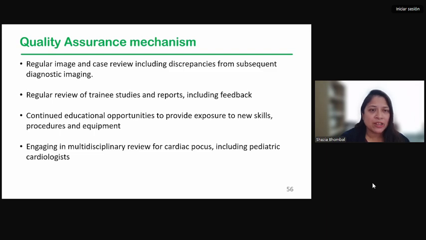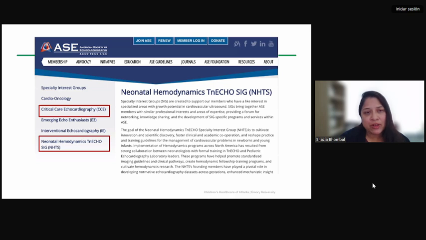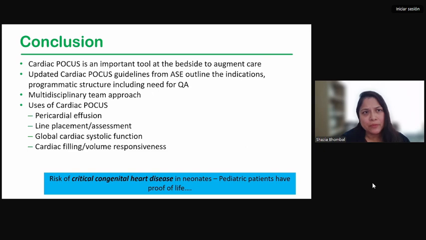If you're interested in more, I believe we shared this last time, but the American Society of Echocardiography has a couple of ICU-based groups: critical care echocardiography and the neonatal hemodynamics SIG, for those interested in further assessment and understanding what we can do by ultrasound at the bedside, working with our cardiology colleagues.